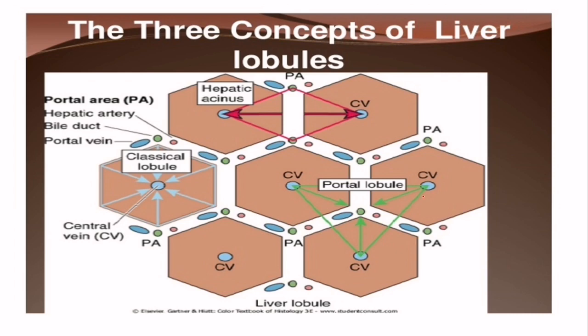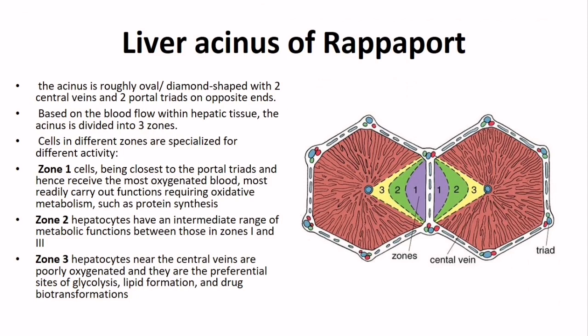The portal lobule concerns the drainage of bile into the interlobular duct. First, let's start with the liver acinus. This one is based on the flow of blood within hepatic tissue from the portal area here towards the central vein.